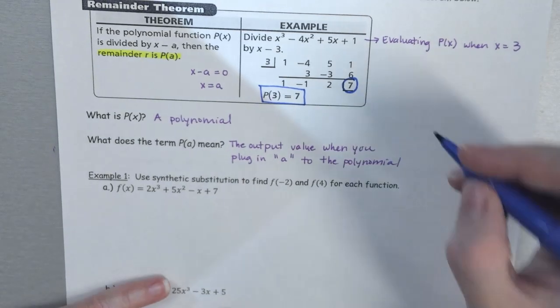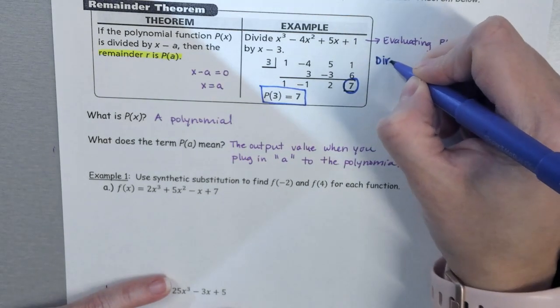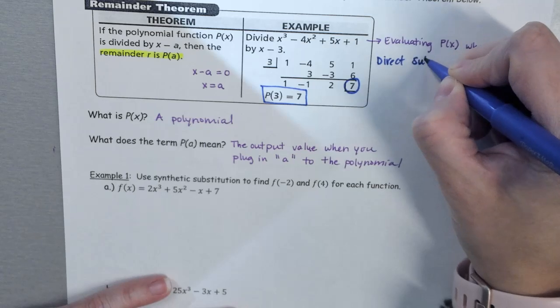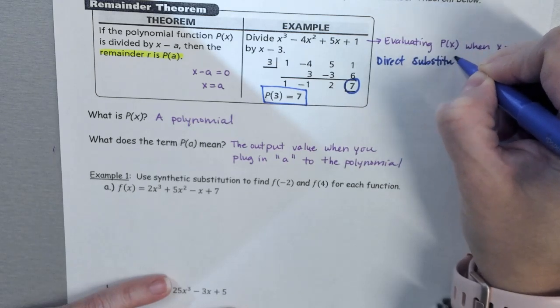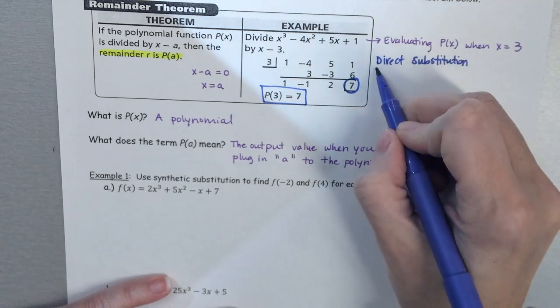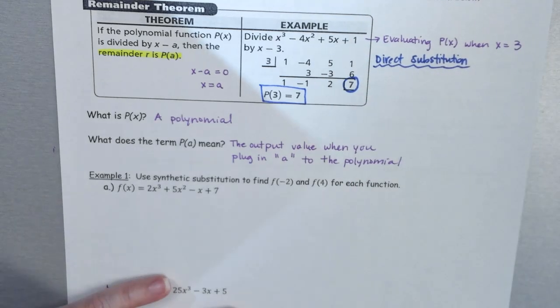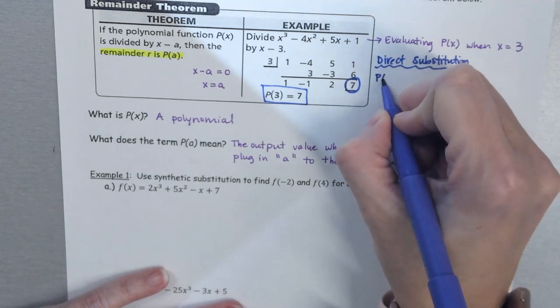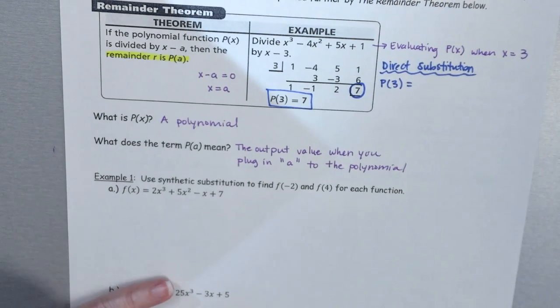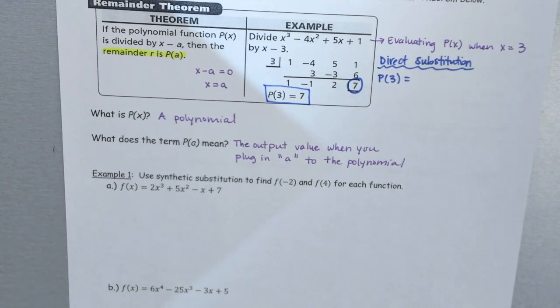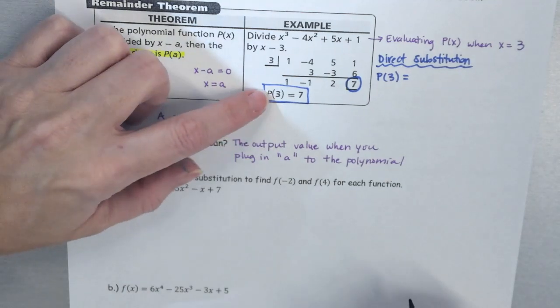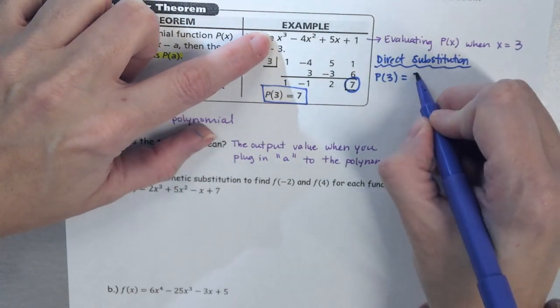Now we've been doing this with direct substitution. Direct substitution is when you just plug that into the polynomial. So if x is 3, you would find p of 3. Okay, so when you find p of 3, you're plugging that into your polynomial.